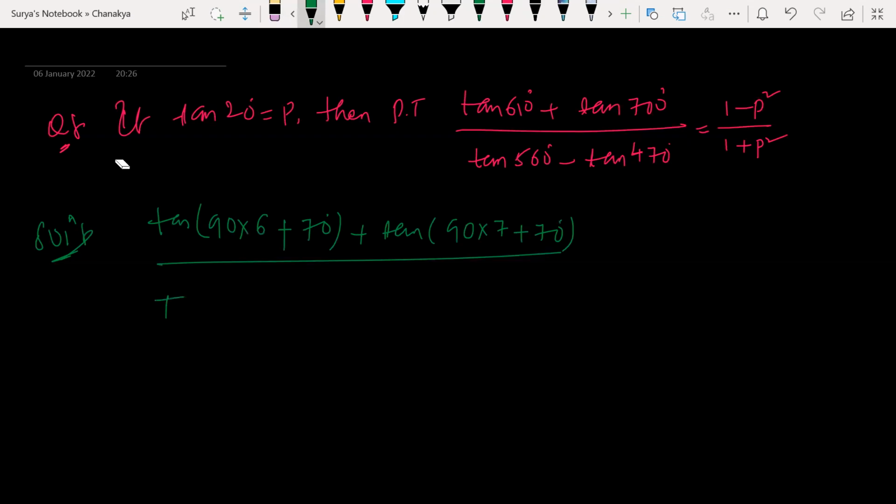Divided by tan of 540 plus 20, minus tan of 540 plus 20. So I'm just taking the LHS here.